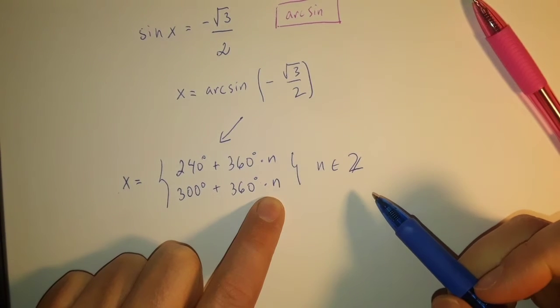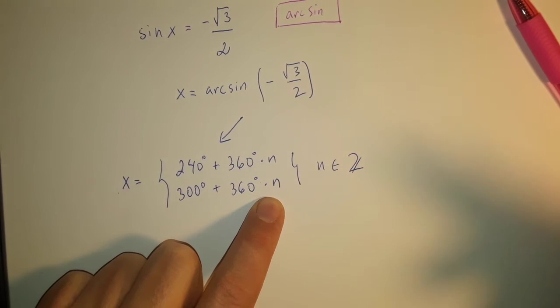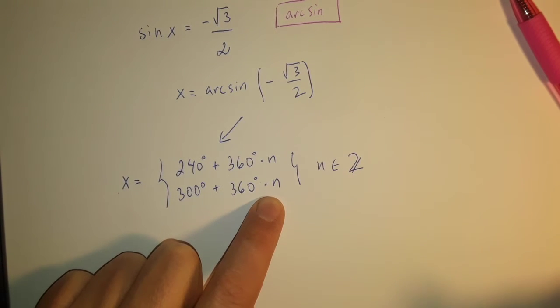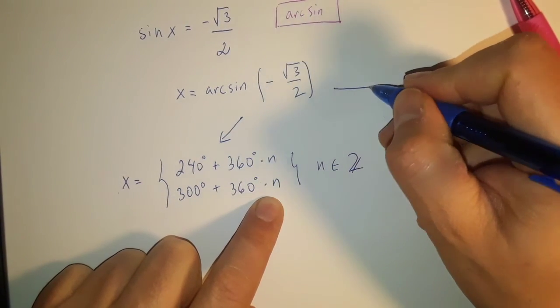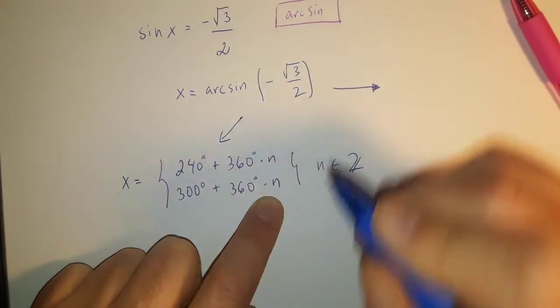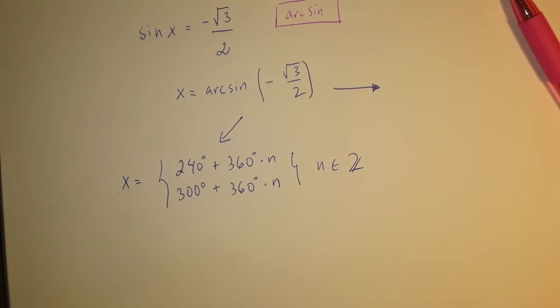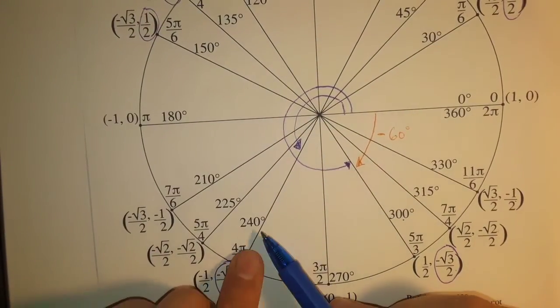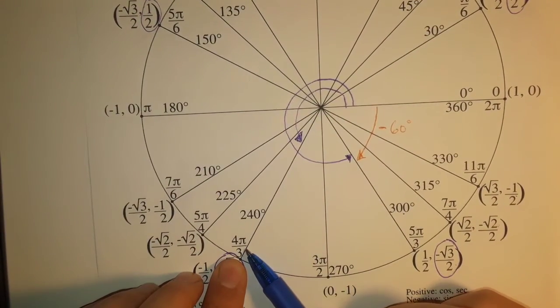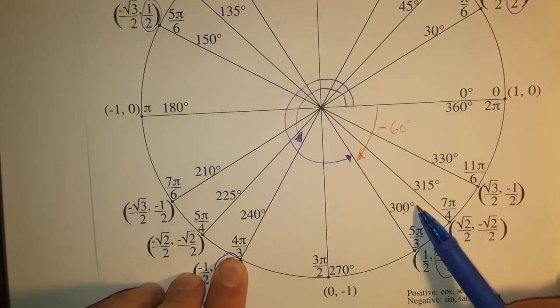If we don't like to express this in degrees, we can also do it in radians. I could solve this equation in radians, and instead of writing 240, I'm going to write 4 pi over 3, and instead of writing 300, I'm going to write 5 pi over 3.